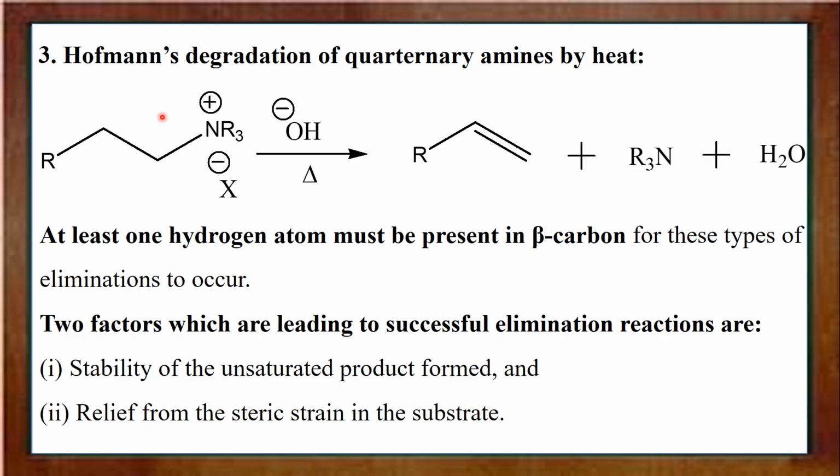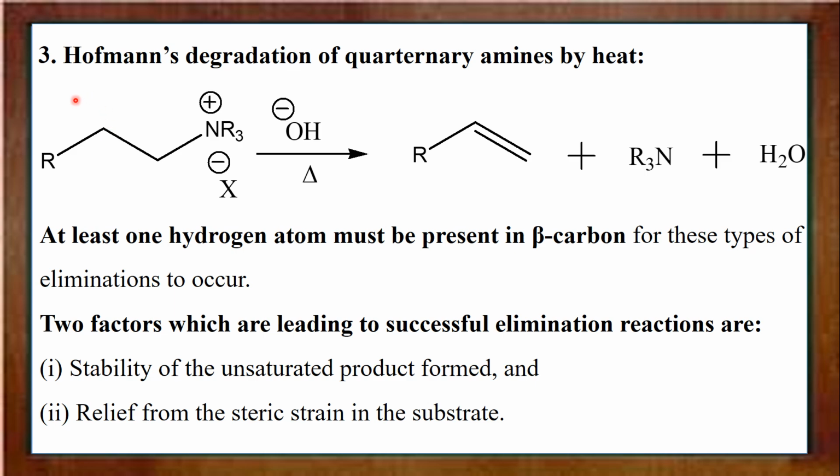resulting in the formation of an alkene. In the reactant molecule, the substrate, all the carbon atoms are sp3 hybridized with bond angles of 109 degrees 28 minutes. But the product is an olefin, where we have sp2 hybridized carbon atoms with a bond angle of 120 degrees. So the bond angle increases after the elimination. Therefore we can say there is removal of angular strain.